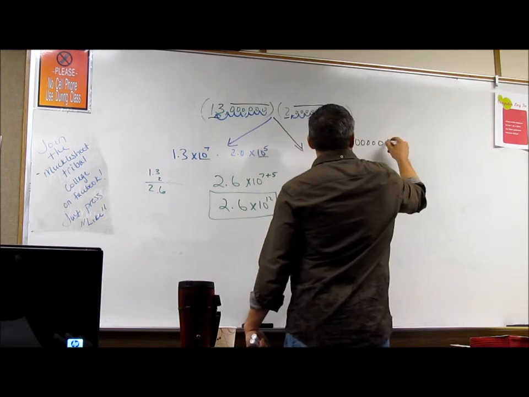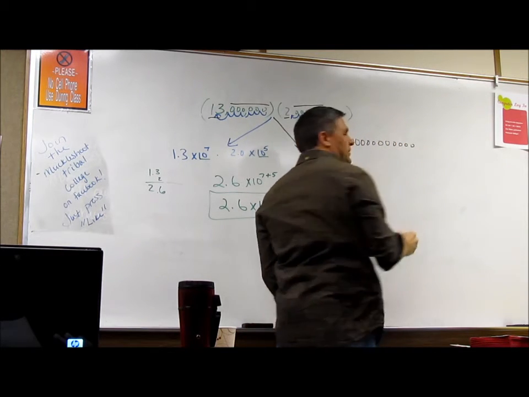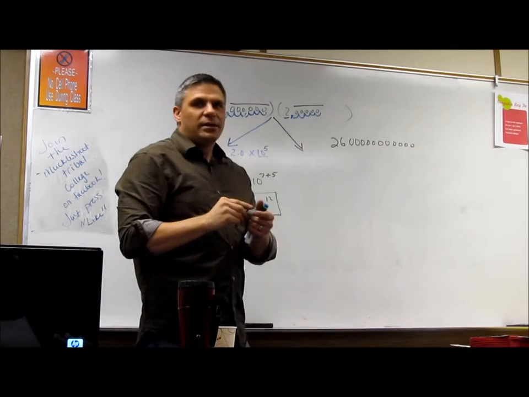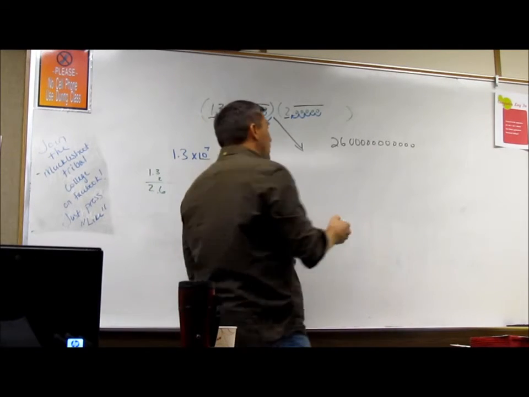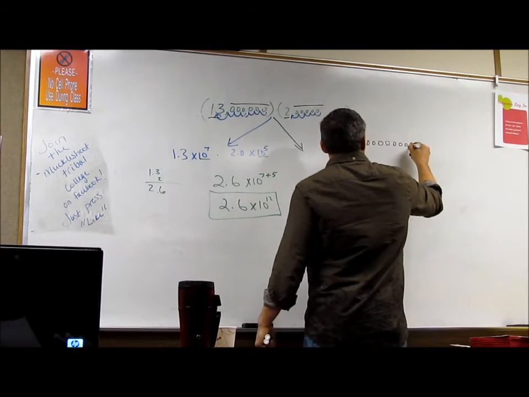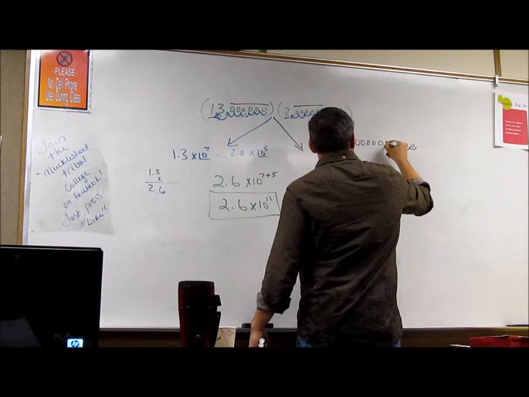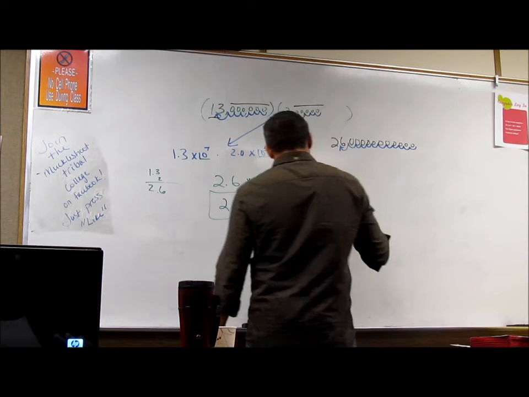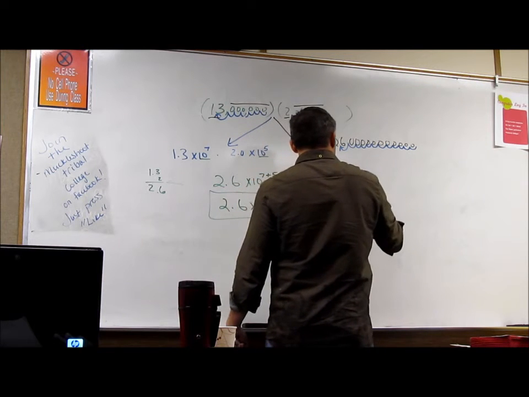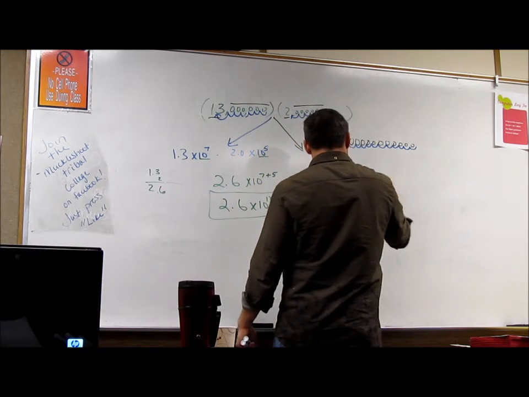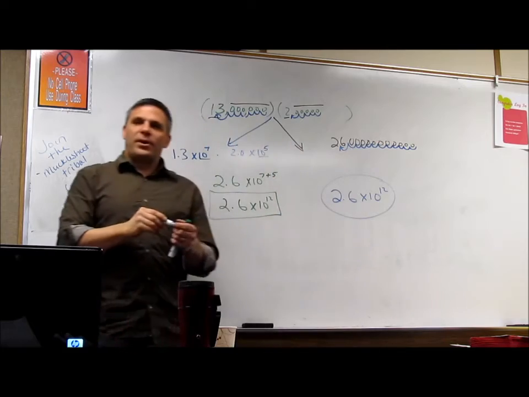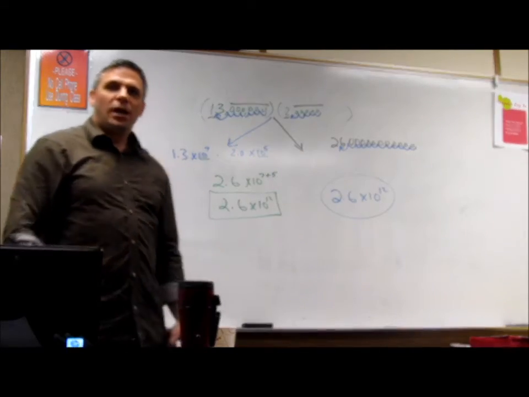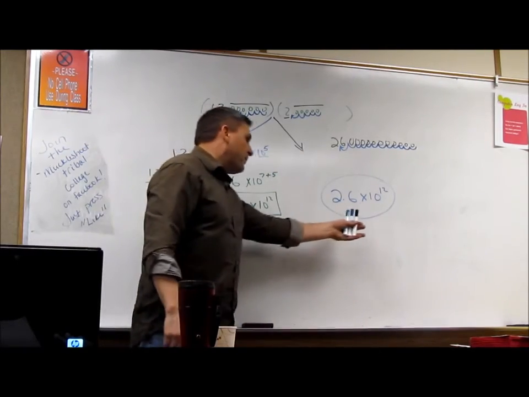And 5. 1, 2, 3, 4, 5. And then 1, 2, 3, 4, 5, 6, 7, 8, 9, 10, 11, 12. So it's 2.6 times 10 to the 12th. So two different ways of doing it, achieving the same number.